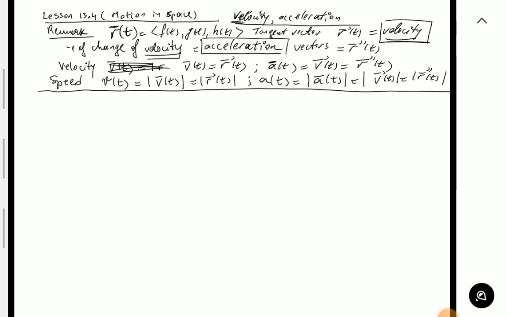So let's start with an example right away, starting with a 2D example. Suppose, for instance, the motion is described by the position vector of that object in the plane.